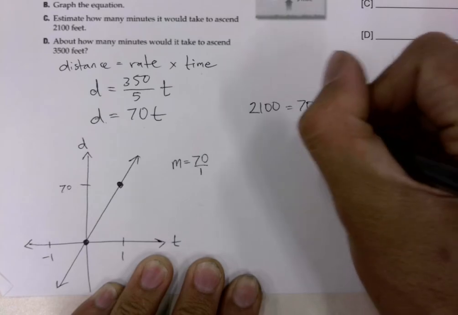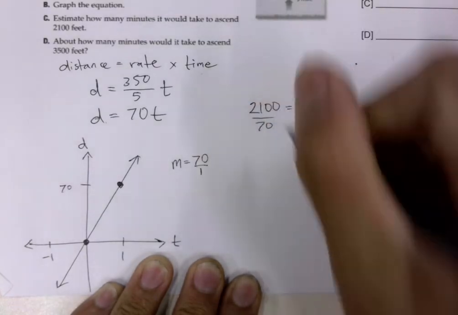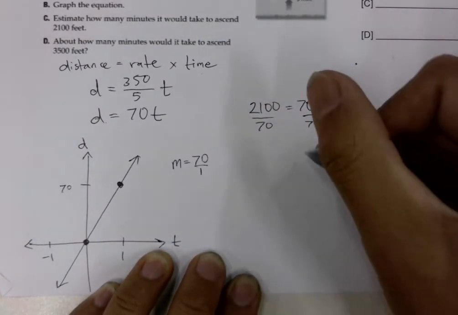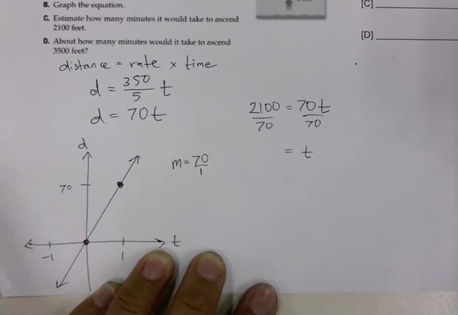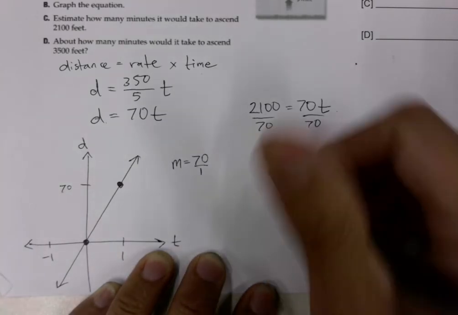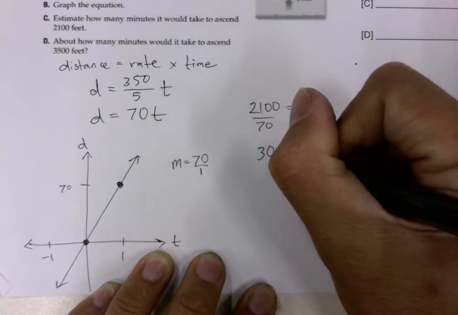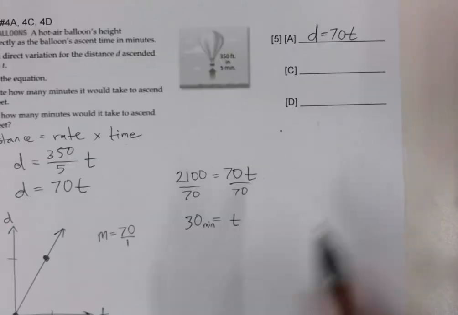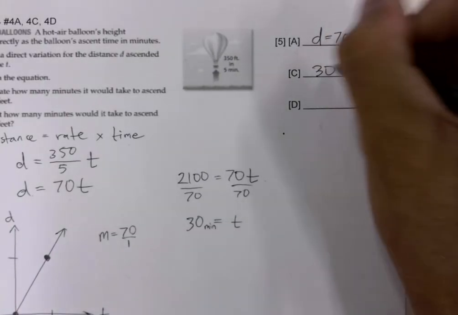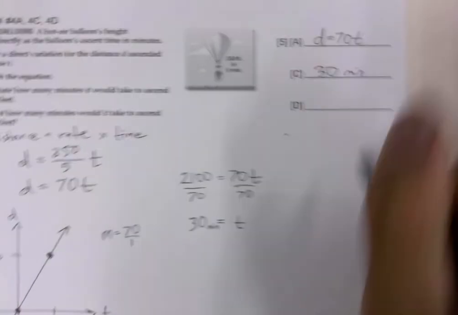And so to do that, we divide both sides of the equal sign by 70. And on the left side, we'll be left with t is equal to 2100 divided by 70, and that's 30 minutes. So I'm going to put that up here. 30 minutes.